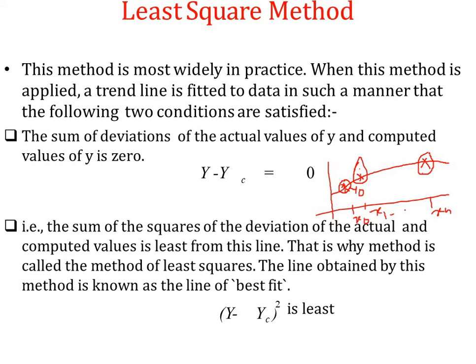That means yi minus yic squared. For every value of y, I take the residual and square it. Then the sum of all squares of residuals must be minimum. That is the basic principle of the least square method. Okay, dear students.